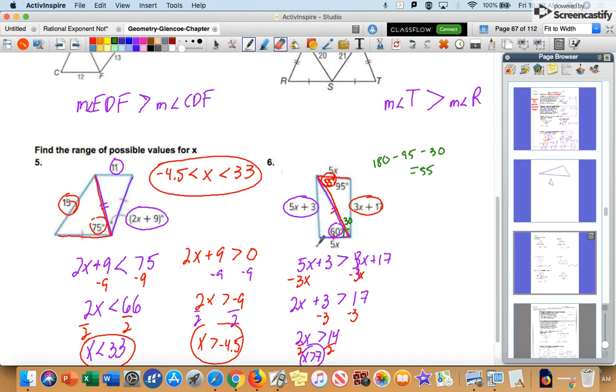We already said it's greater than 0, and we already said it's greater than 7, actually. So I think this is our final answer for this one, that we don't really have a range of values. We just have to say that x has to be greater than 7. And if x is greater than 7, then I think we're good with how the rest apply.